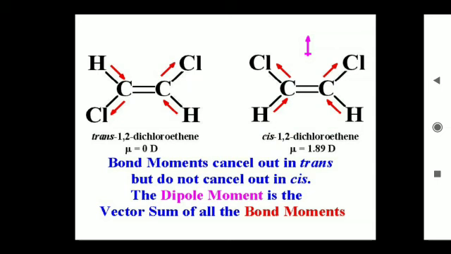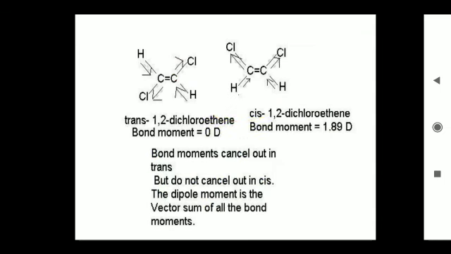So dipole moment is observed in the cis form of 1,2-dichloroethane. In the trans form, bond moments cancel. Another example has the same explanation, and it can be explained in detail.